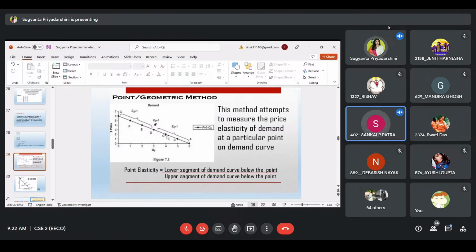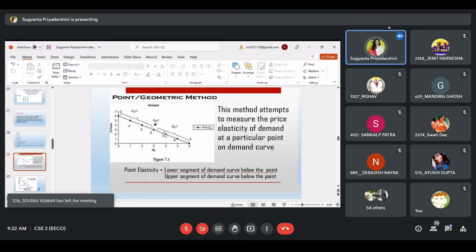CA. In order to find the elasticity by the geometric method, we have a formula: lower segment by upper segment. For point C, CA is the lower segment. The upper segment is the distance of C from the y-axis along the demand curve, which is CG.